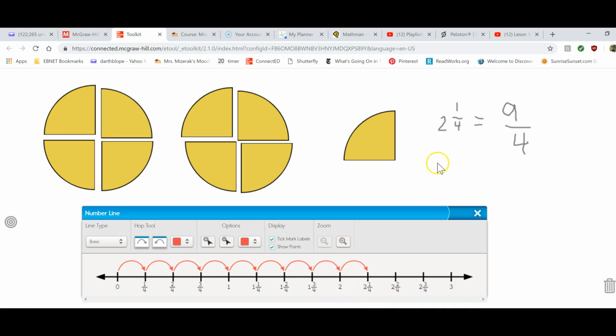So these are visual representations for you to understand mixed numbers. 2 and 1/4 in fraction circle pieces, 2 and 1/4 on my number line broken up into fourths.